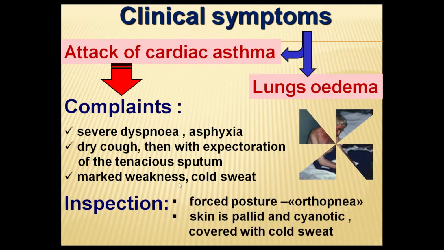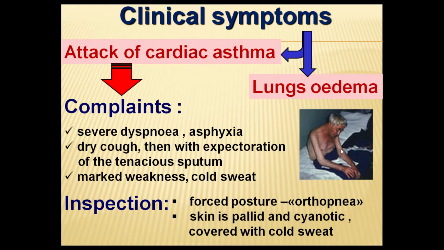On inspection, we see first the posture, you remember, orthopnea. We spoke about this posture, which is characteristic for patients with an attack of bronchial asthma, and this posture may also be seen in a patient with cardiac asthma, but you see, the patient puts his extremities downward to hold blood in the greater circulation, which then comes back with difficulty into the right ventricle.